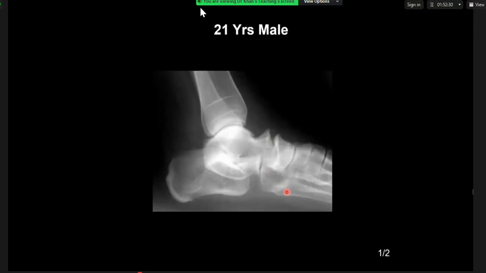So there's a bony bar between the talus and the navicular bone, and loss of joint space. Bony bar is not very convincing. It's overlapping. A bit of a stretch of imagination. There is a sign there. I want to hear the name.